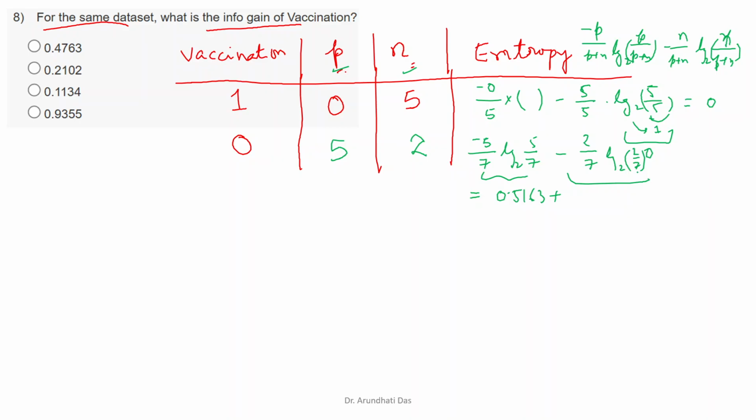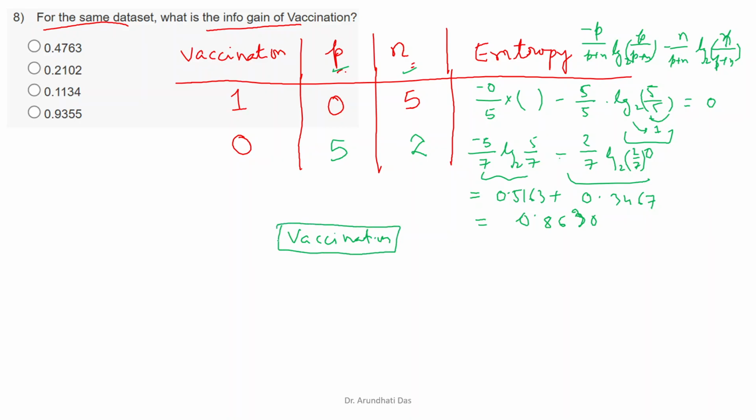The log will give a negative value, which is why this minus and that minus cancel out, and the final value is 0.3467, which is equal to 0.8630. So for the second row the value is 0.8630.